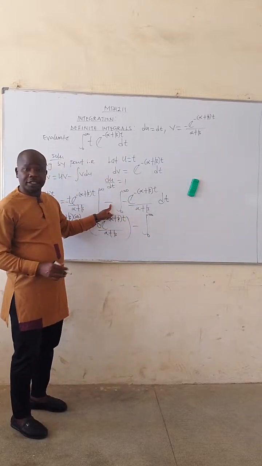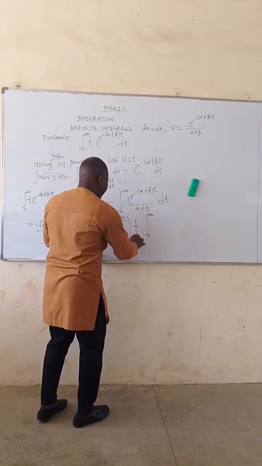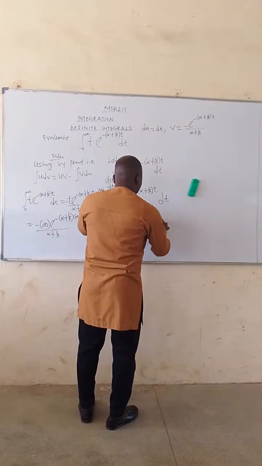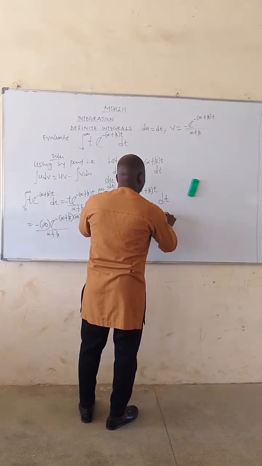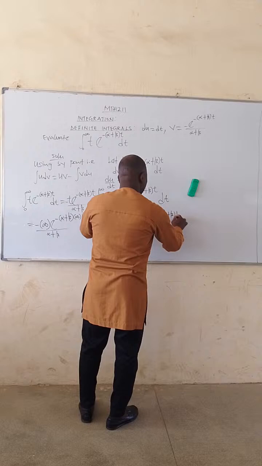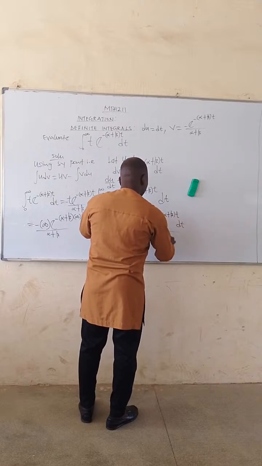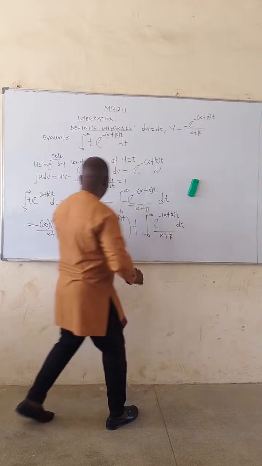This times this, so we can write plus here. So here will now be exponential minus open bracket alpha plus beta t, dt, all over alpha plus beta, right?